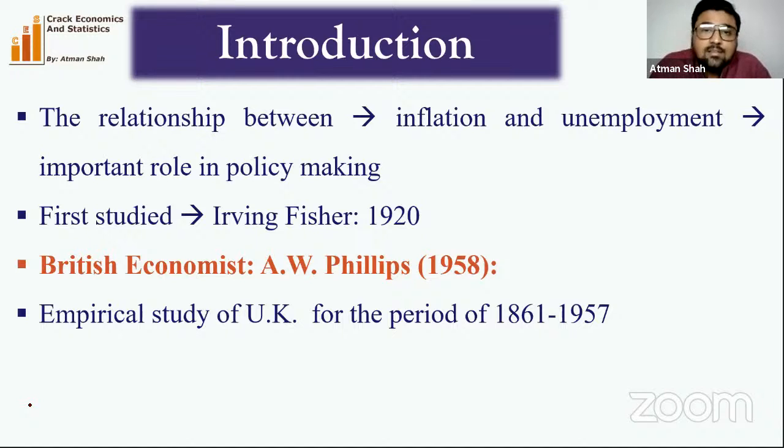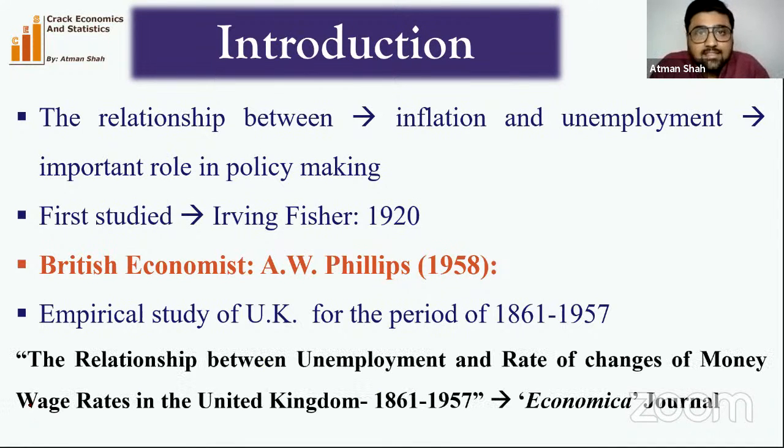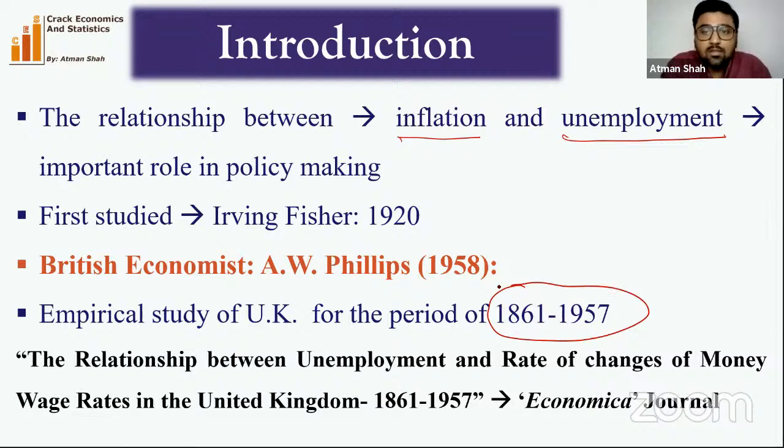He studied the history of the UK for the period of 1861 to 1957 in his article, The Relationship Between Unemployment and Rate of Changes of Money Wage Rates in the United Kingdom from 1861 to 1957, which was published in Economica Journal.